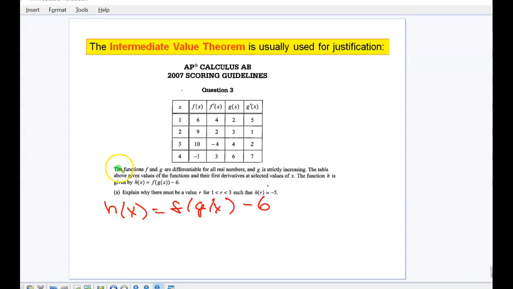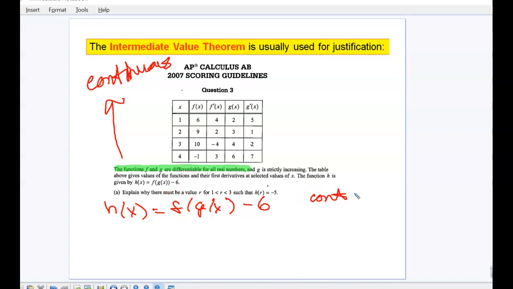Now, in this question, it tells us the functions f and g are differentiable. Well, we haven't learned about differentiability yet, but differentiability implies that they are continuous. So we know our function is continuous. And the function h is given by f(g(x)) minus 6, so this too is continuous.